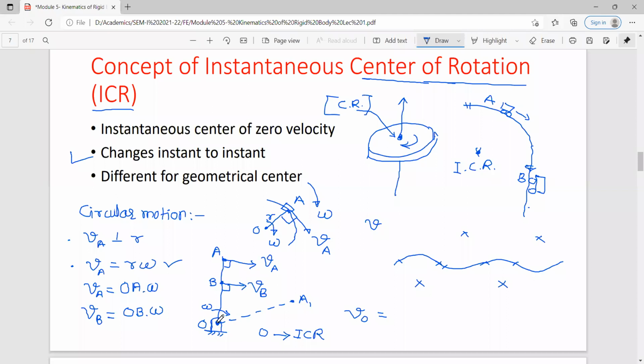It is 0. What is radius? For the point whose velocity we have to find out, the distance of that point from the center is the radius. So we have to find the velocity of the center itself. So the distance, the radius, will be 0 multiplied by omega. The answer will come as 0. So you can say that the velocity of the ICR, the instantaneous center of zero velocity, is 0, because the radius there becomes 0.